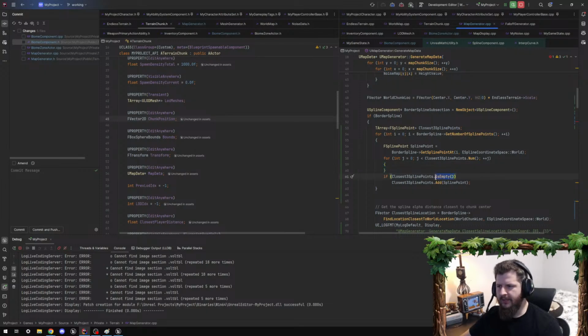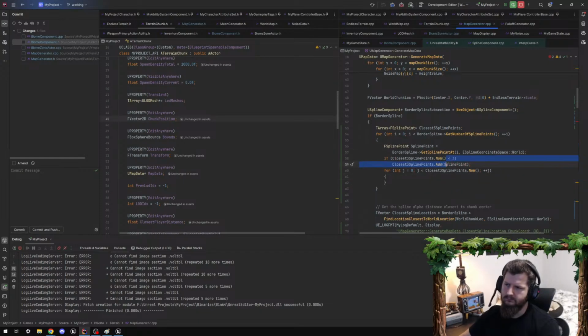Or rather, it should be if dot num is less than 3, we add it. And we will continue and skip that loop.